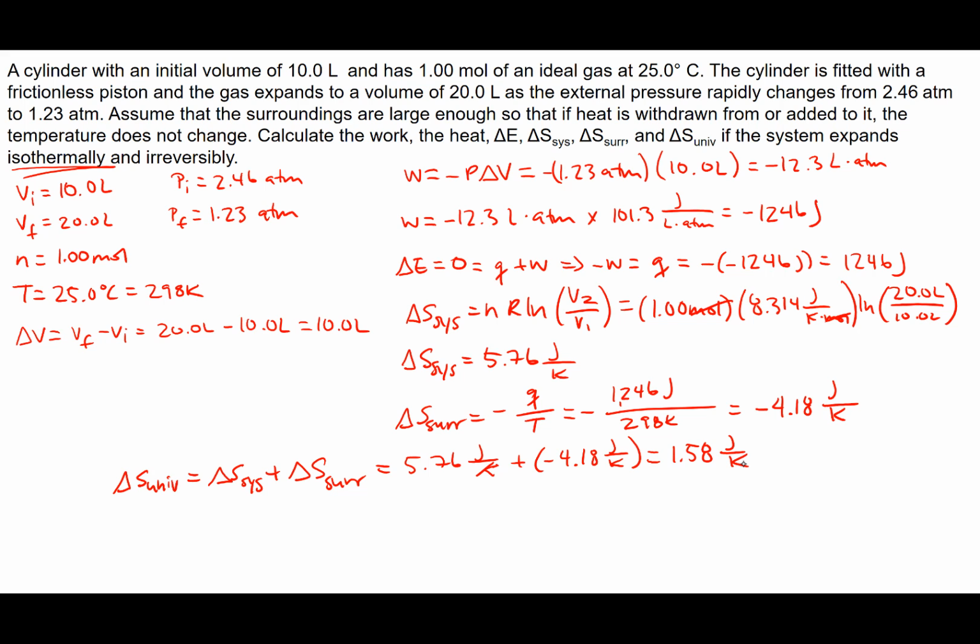And so that's still a spontaneous process in this case, because delta S of the universe is increasing. It's greater than 0. And so that's how you calculate those three different components for this problem right here.